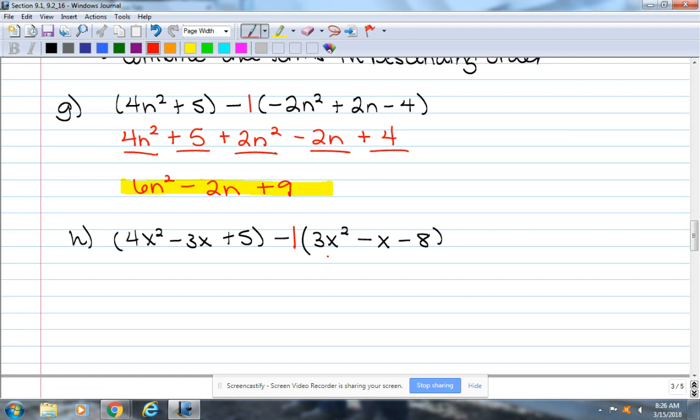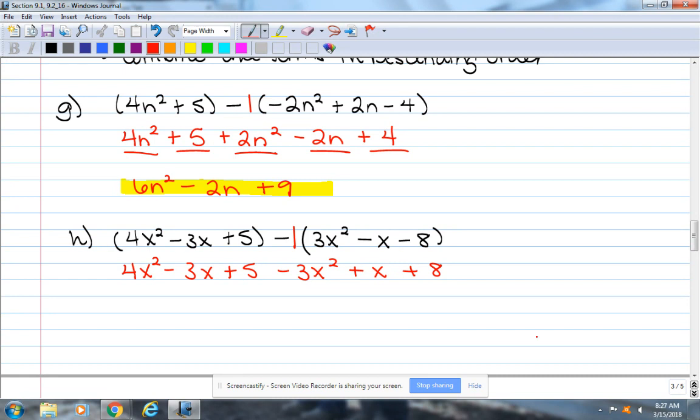So what are we going to do to the first polynomial? Copy it, just like it says. And the second polynomial, we're changing all the signs. So that's going to become a -3x squared. And then what else? Positive x and a what? Positive 8. Change all the signs in the second polynomial.